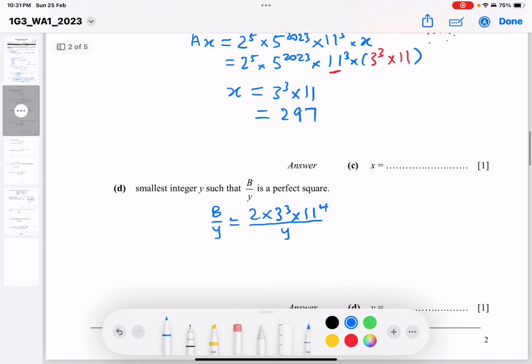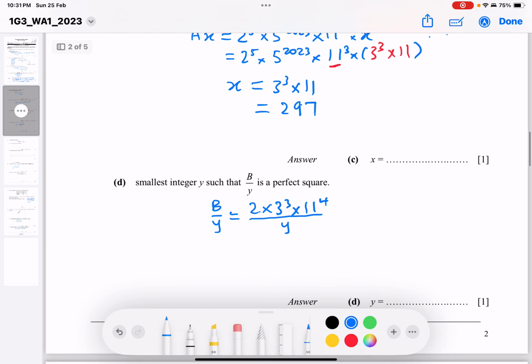Next, we want to find an integer y such that b over y will be a perfect square. We know that in order to be a perfect square, it must have even powers. Looking at the number b, if we can get rid of 2, and then get rid of 3, then we have 3 squared times 11 to the power 4, which is a perfect square.